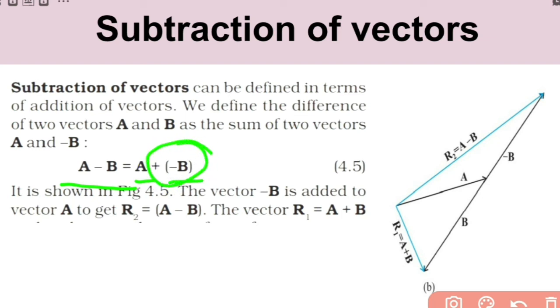Minus vector B means negative of vector B. Negative of vector B will have the same magnitude as that of vector B, but direction will be opposite. So negative of vector B is to be added with vector A. So A plus minus vector B will give you vector A minus vector B.